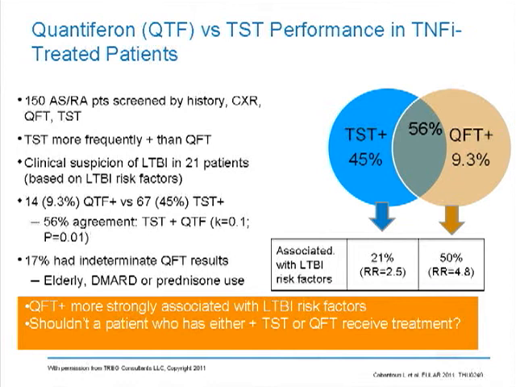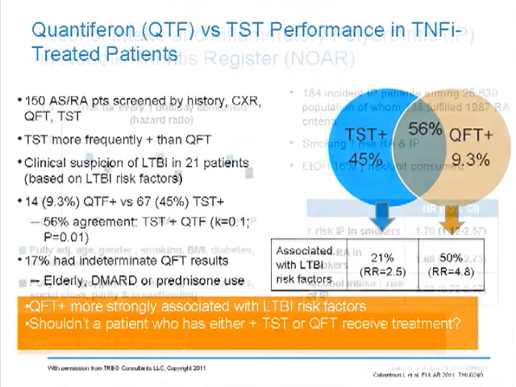So the QuantiFERON positivity is more strongly associated with LTBI risk factors, but the question I would ask is, shouldn't a patient who has either a positive tuberculin skin test or QuantiFERON receive prophylactic treatment if they are going to be treated with a TNF inhibitor, assuming that they haven't had BCG? This should be of value to some of you.